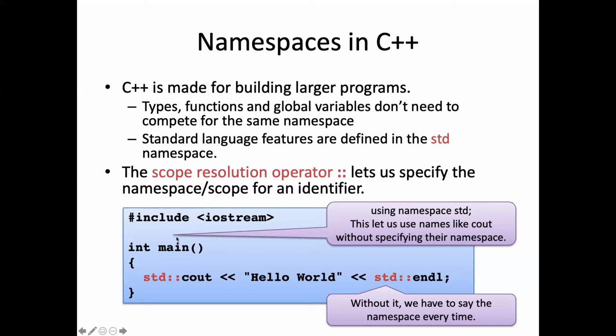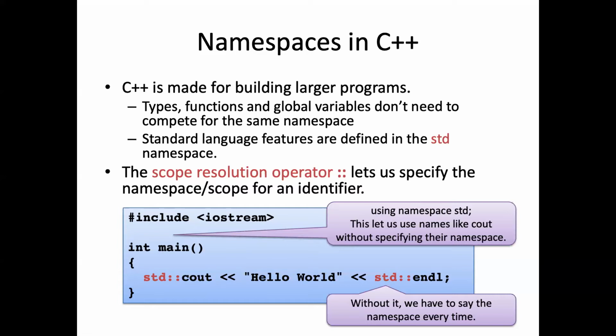So if you didn't do the using namespace thing and you wanted to talk about cout, you'd have to give its full name, std::cout, std scope resolution operator cout. And then the same thing for endl. It's also an object, or really a variable, a global name defined in the std namespace.